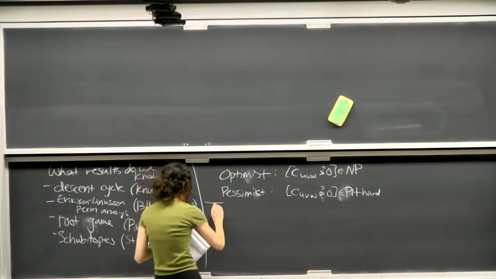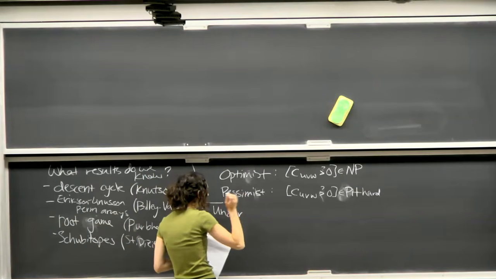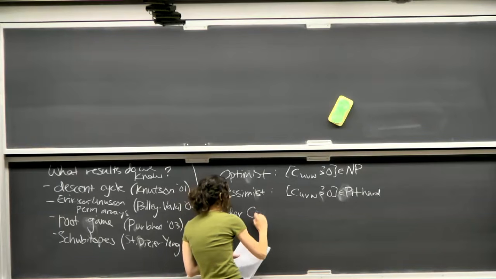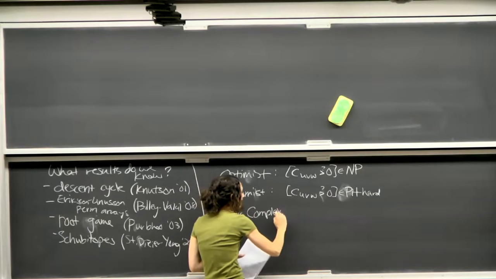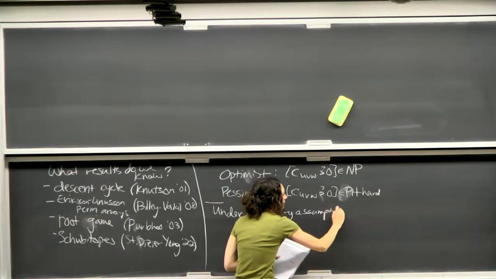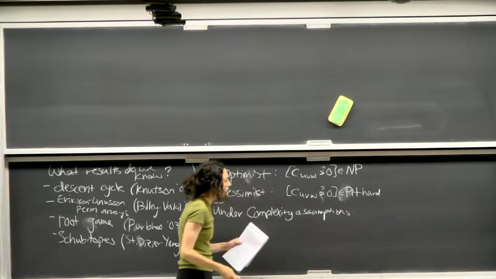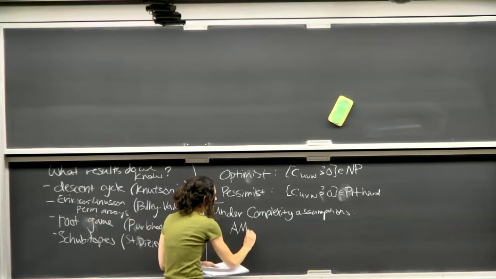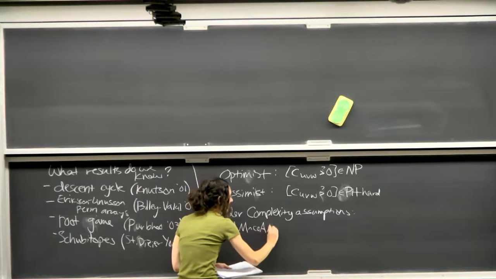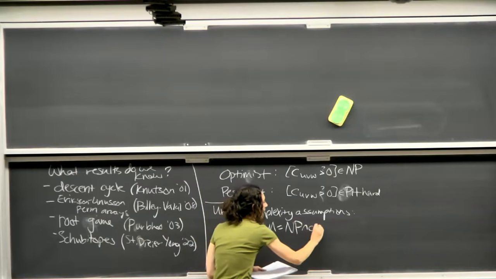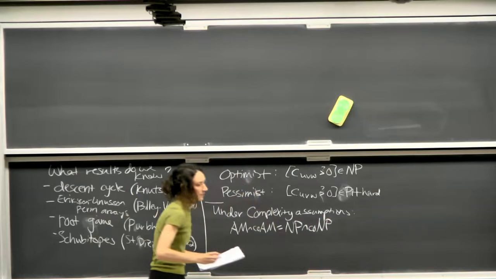Under even more complexity theoretic assumptions, in particular, strong derandomization, you'll have that this intersection is actually equal to the intersection of NP and co-NP.